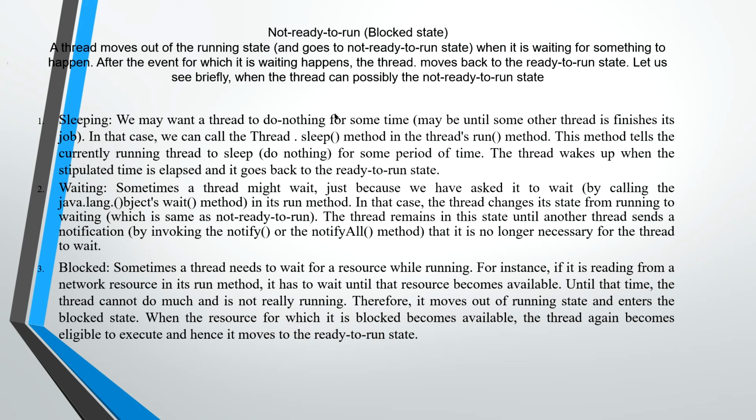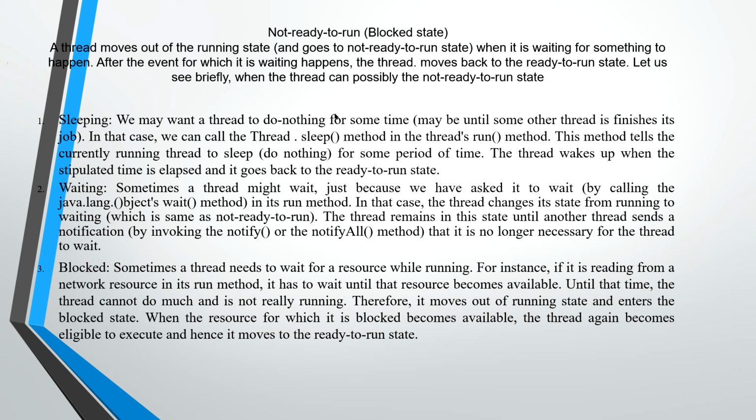Let us see what is blocked. Sometimes a thread needs to wait for a reason while running. For example, if it is reading from a network resource in its run method, it has to wait until that resource becomes available. Until that time, the thread cannot do much and is not really running.